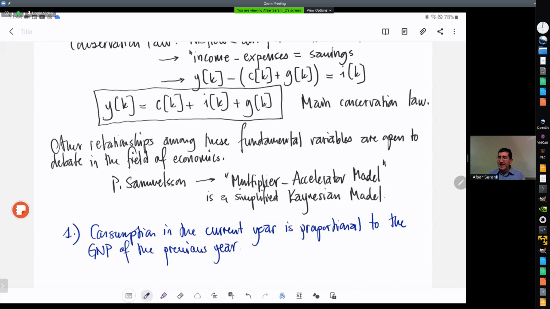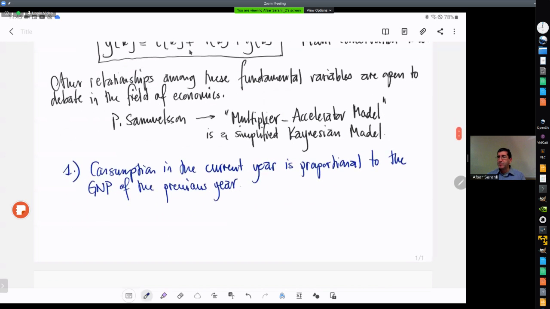If you felt like the country is poorer because things were not great last year, as a society we have a tendency to spend less. So our consumption right now is linearly proportional to what happened last year in terms of the gross national product, with a proportionality constant that is positive.